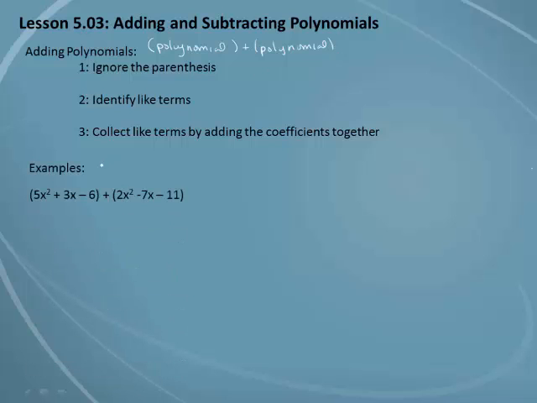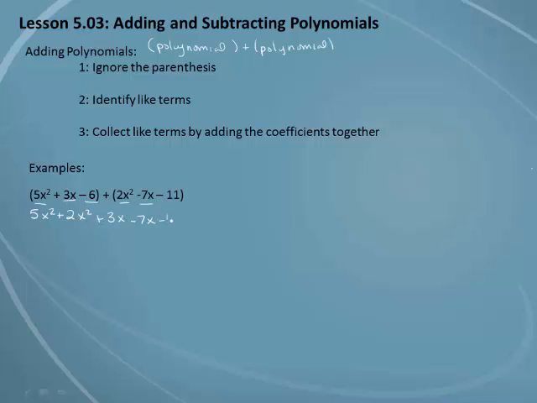So for example, I have 5x squared plus 3x minus 6 plus 2x squared minus 7x minus 11. I'm going to ignore the parentheses and I'm going to identify the like terms. 5x squared and 2x squared are like terms. 3x and negative 7x are like terms.